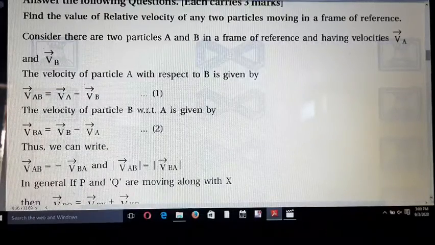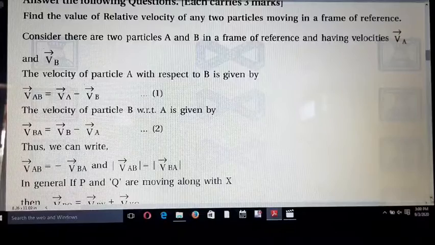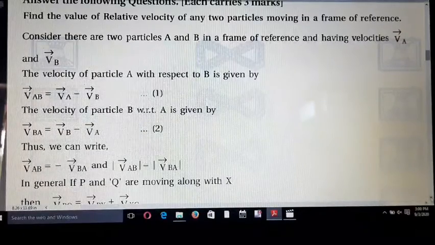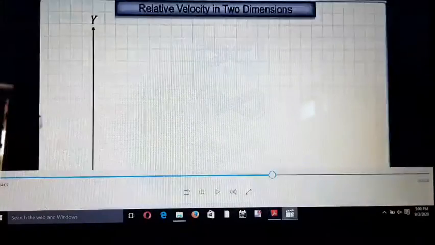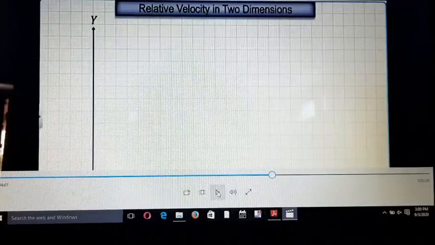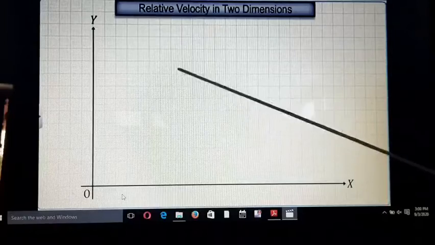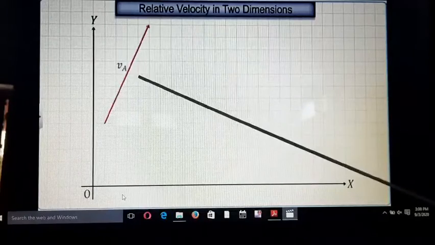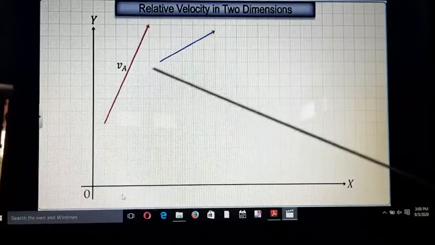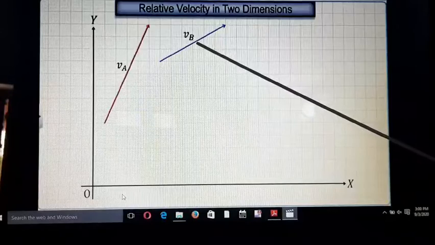Okay? Another way we prove this equation, look here. Here in the xy plane we have one vector Va and this is vector Vb.